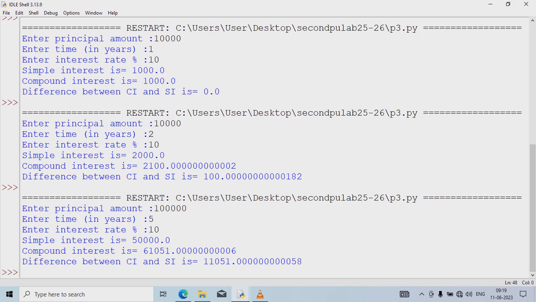But if you keep it in a compound interest rate, you are getting 61,000. Now the difference amount will be 11,000. Which one is benefited? Compound interest is beneficial for us. Okay, thank you.